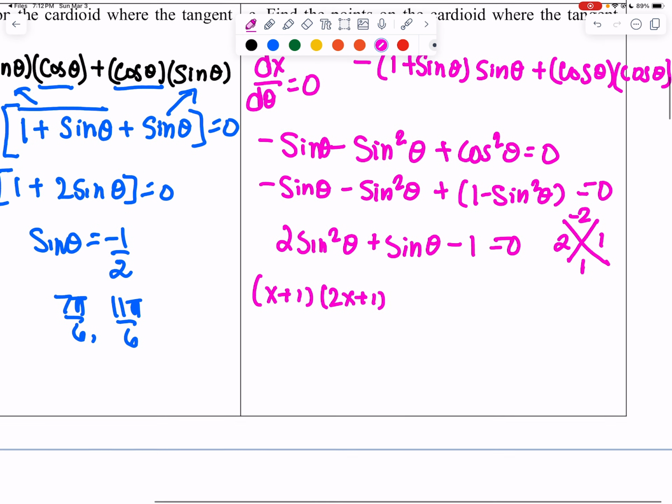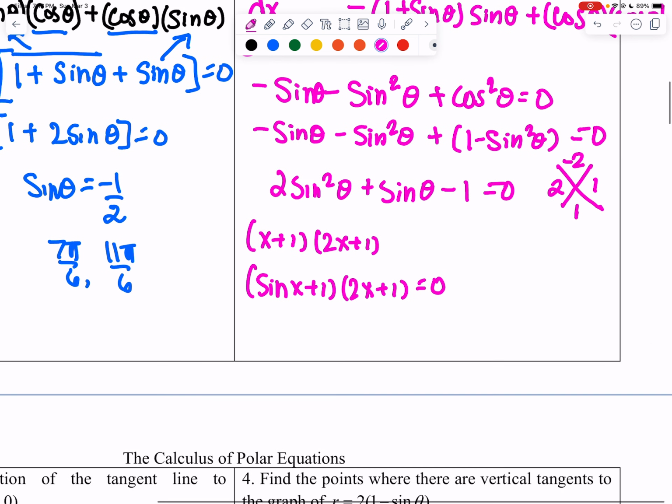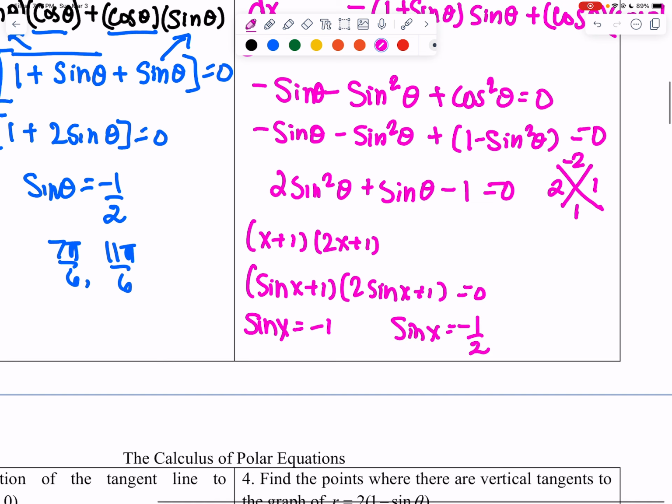So now I have sine plus 1 times 2 sine plus 1 is equal to 0. So now you have sine of x is equal to negative 1, and then this right here: when sine x is equal to negative a half.